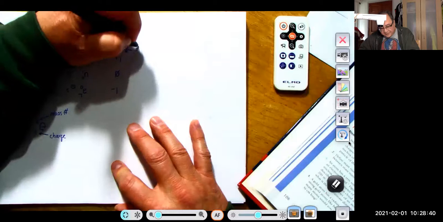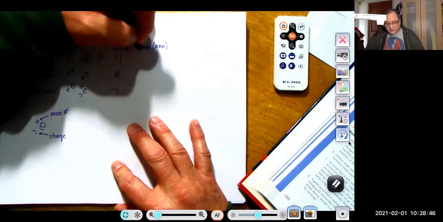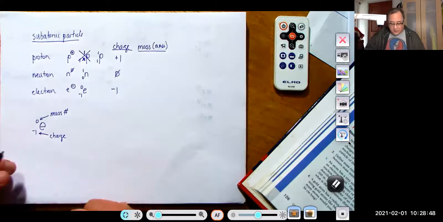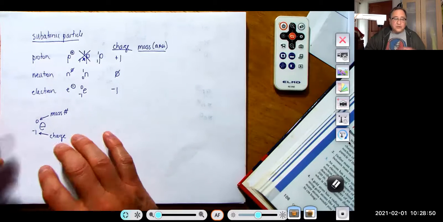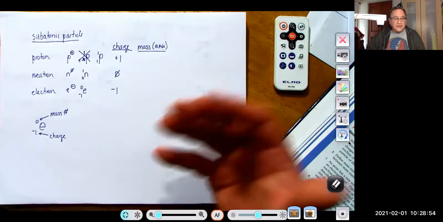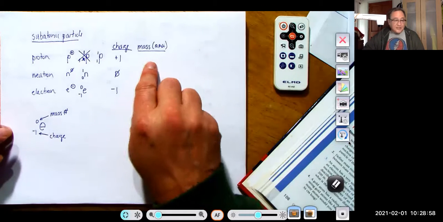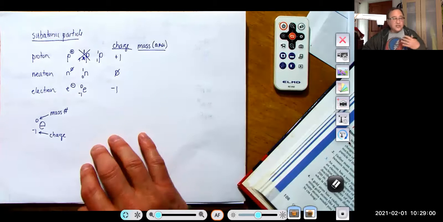Mass in atomic mass units. Now I'm going to talk about the atomic mass unit for just a moment. The atomic mass unit is a relative mass. So that means everything relative to something. And we'll look at that mass in a little bit, but right now it's just a relative mass.